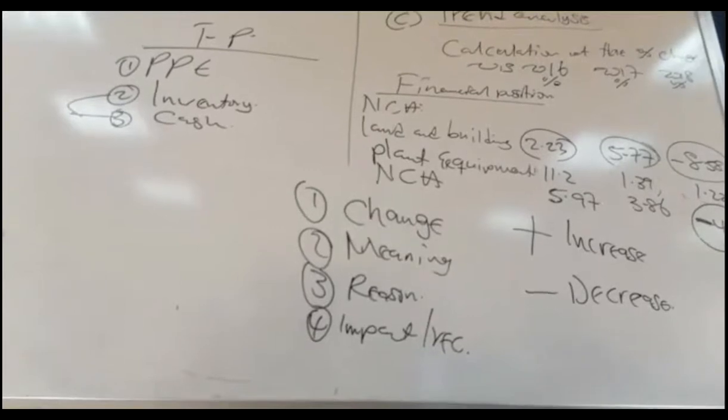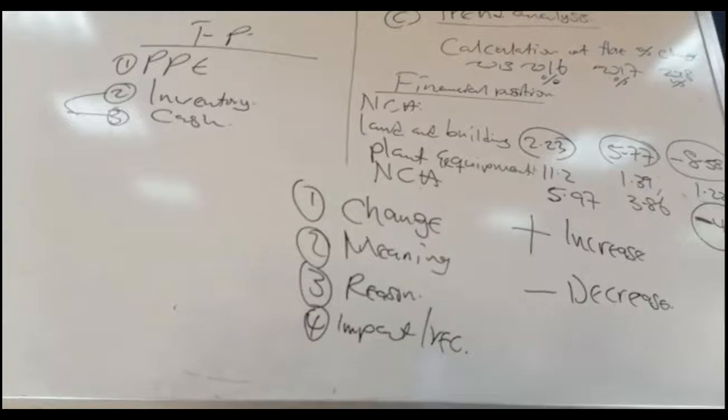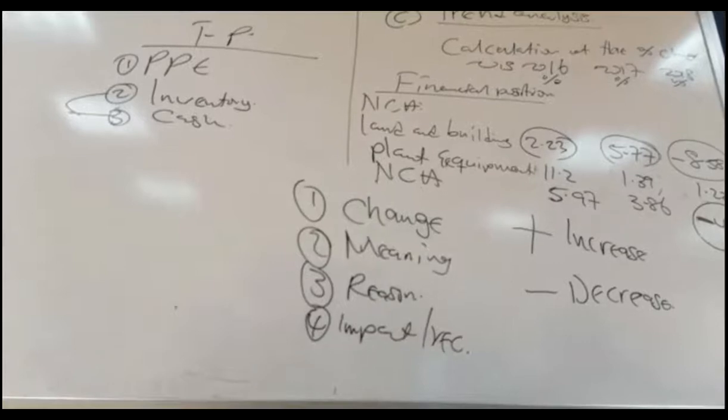Now we are moving on to common size analysis. In summary, with trend analysis, first you are finding percentage changes in the values. Second, you are providing meaning to the percentages that you've calculated. And we've gone through how you can obtain these percentages.